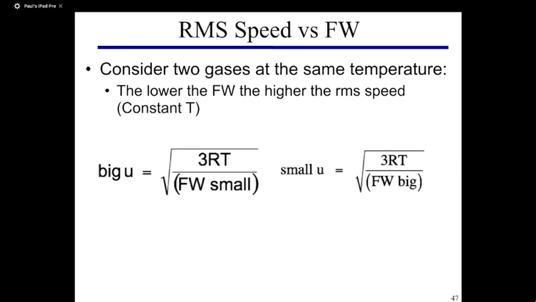All right. Now, here's a kind of question I might ask you. Given 2 molecules, or given a list of molecules at the same temperature, which ones are faster? You don't even need to do the actual calculation, or a square root.